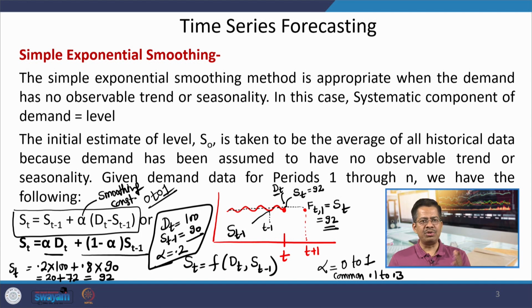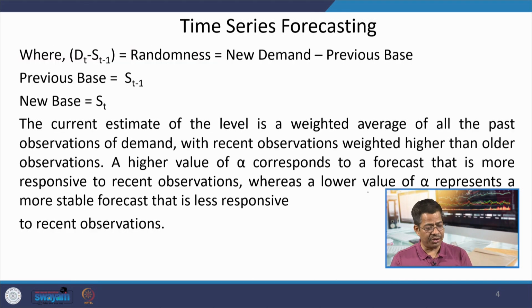So, 90 plus 2, 92 is my new base, and that new base is my forecast. Similarly, when I reach the next period, I will get a new DT plus 1, and in that iterative manner I will continuously improve my forecast.